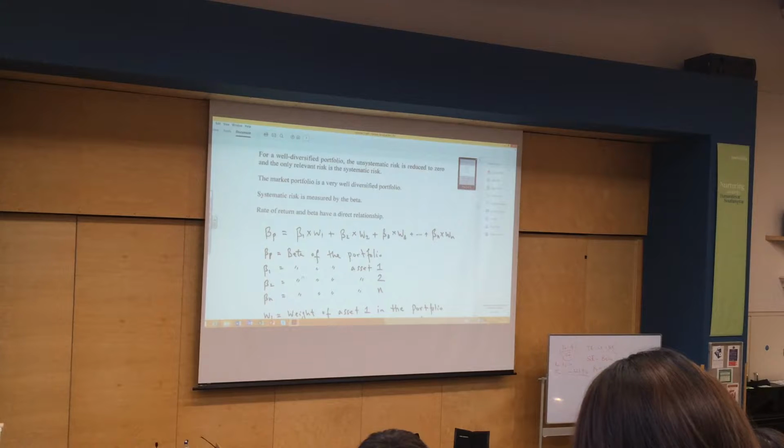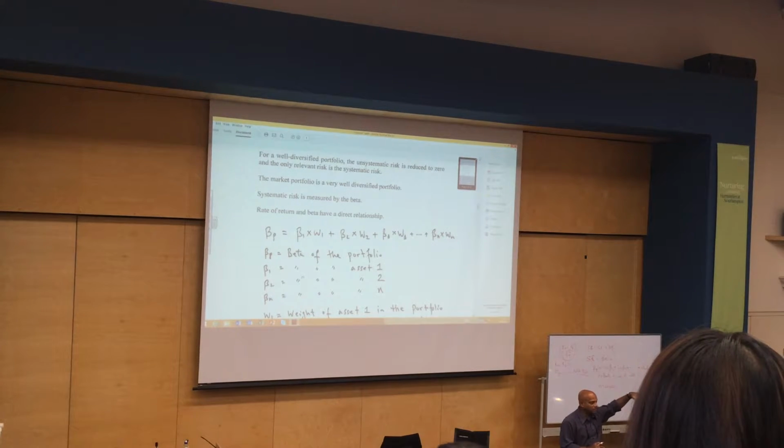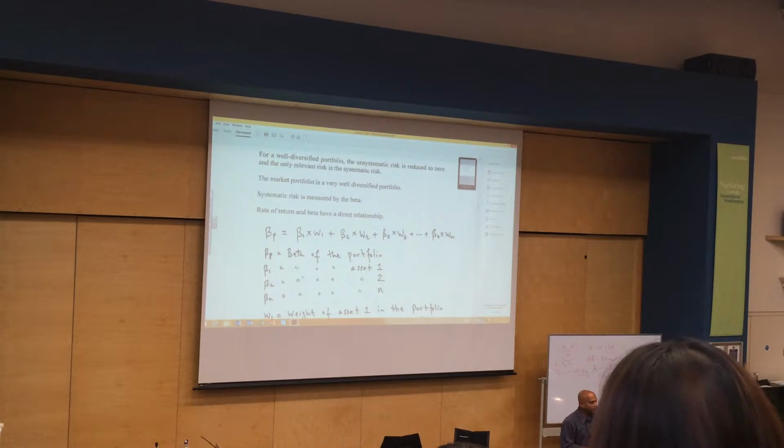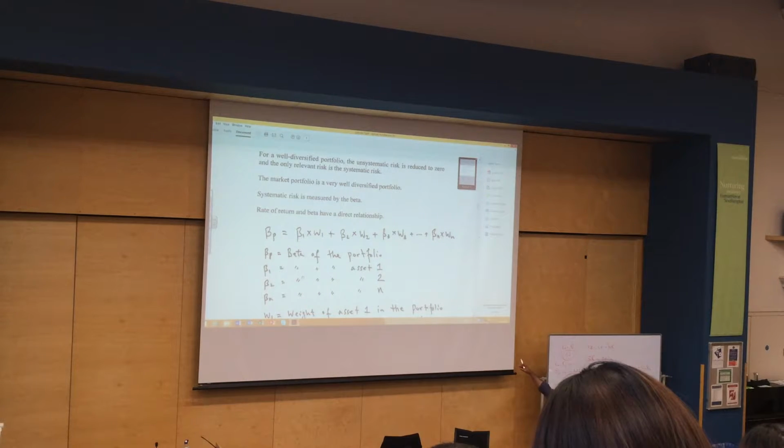Just like return, if you remember the return equation we did last week and earlier today in the morning, return depends upon the expected return of each individual asset and the weight. This is beta of a portfolio, which depends upon individual assets 1, 2, 3, 4, and the beta.